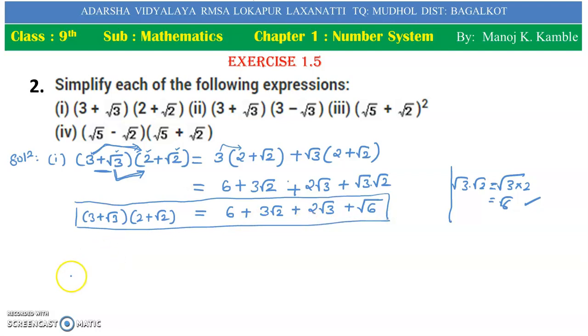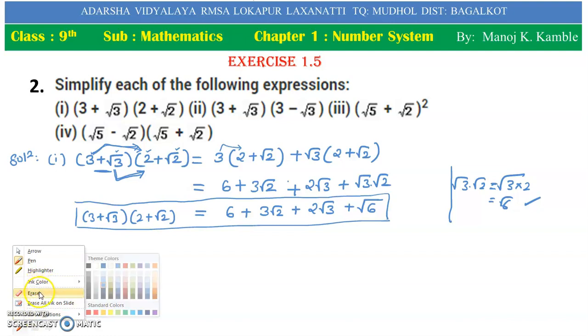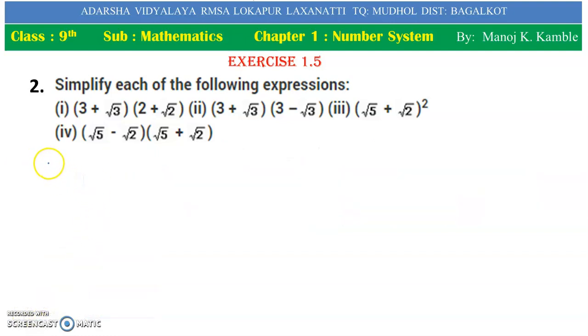Clear? So next sub question, that is Roman 2. So Roman 2 is (3 plus root 3) into (3 minus root 3). Just check it out.